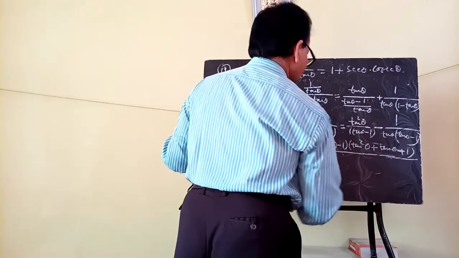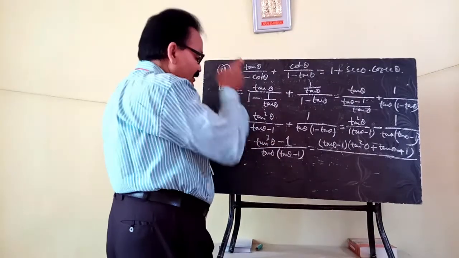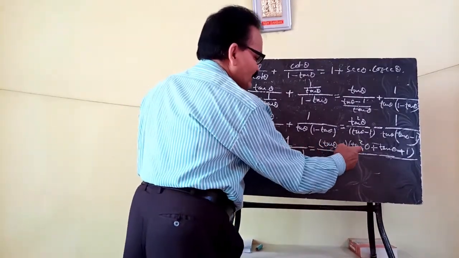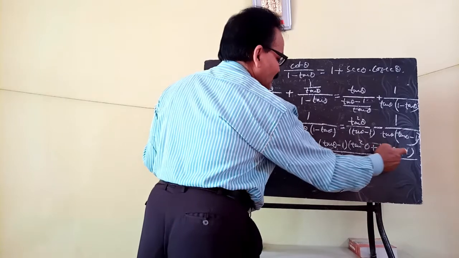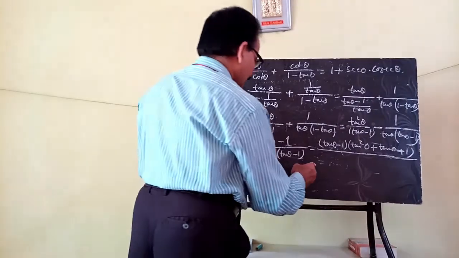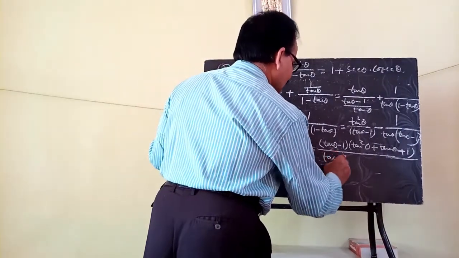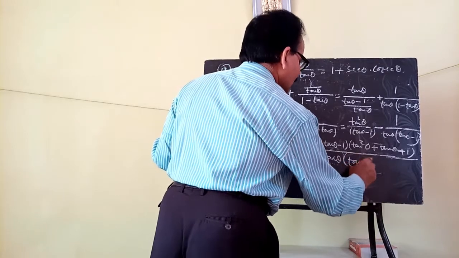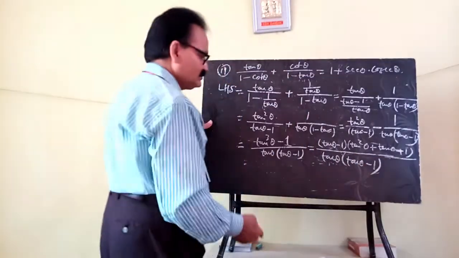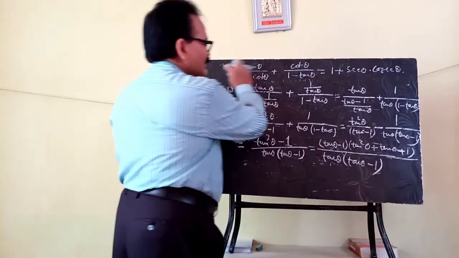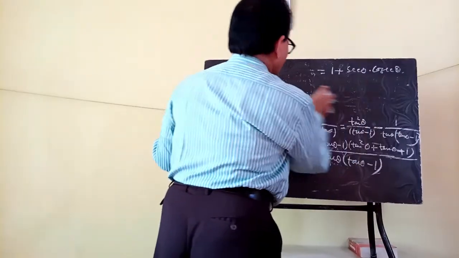Here it is a minus b into a square plus ab plus b square, and the tan theta into tan theta minus 1. Here I have used the formula.